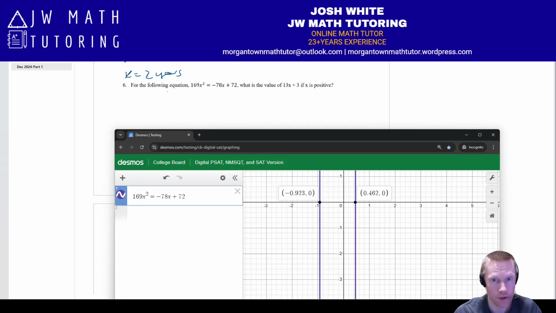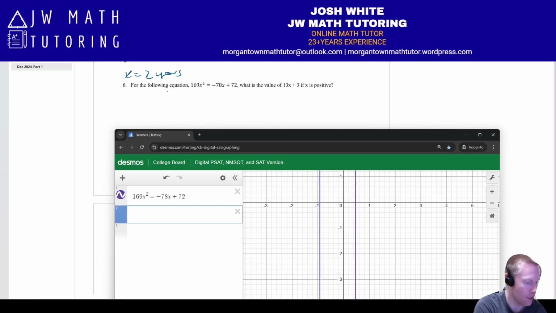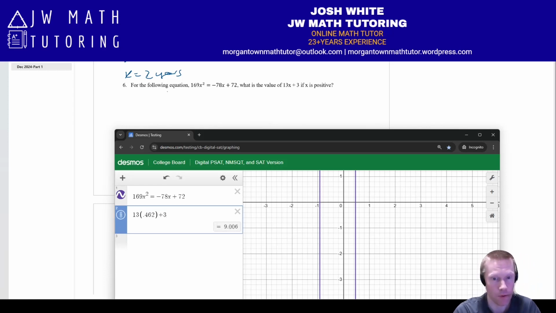And it says, what is the value of x if x is positive? Okay, so then they went and they said 13 times 0.462 plus 3. Okay, notice it's 9.006. So technically, that is what you would enter if they did not give you any instructions about rounding, because that fills 5 decimal places right there. The 9 decimal point 006.